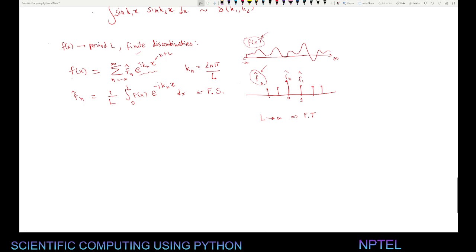In physics, we mostly work with Fourier series, especially in condensed matter. Some of you are working with lattices, which repeat after some period.